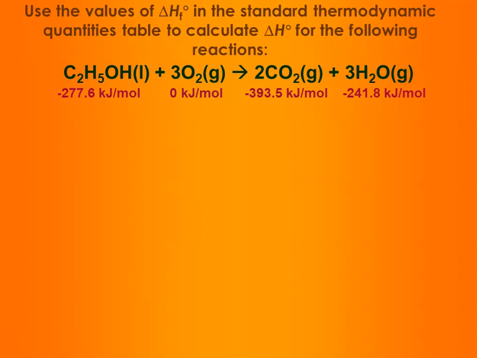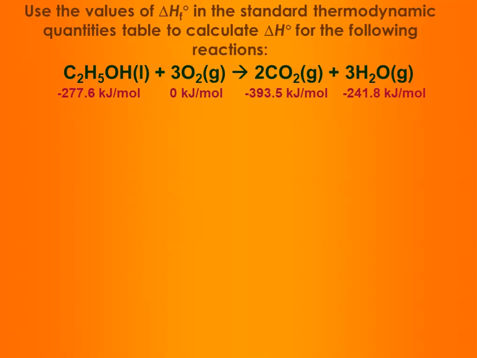And remember with oxygen, because it is a gas at standard temperature, it would have an enthalpy of formation of 0. On any sort of assessment, I would not have to give you enthalpy values for elements in their standard state because, yes, you should know what those enthalpy values are.